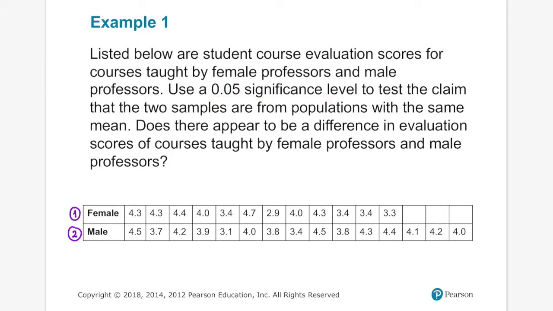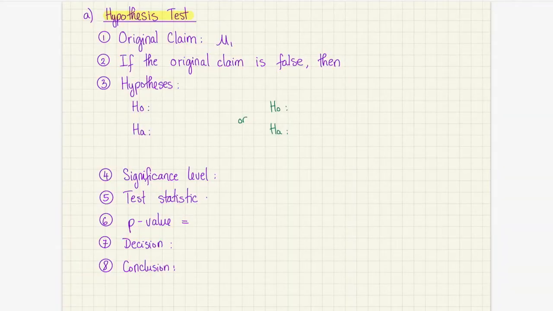Use a 0.05 significance level to test the claim that the two samples are from populations with the same mean. So basically, they want me to test to see if mu1 equals mu2. My original claim is mu1 equals mu2. If the original claim is false, then mu1 is not equal to mu2.